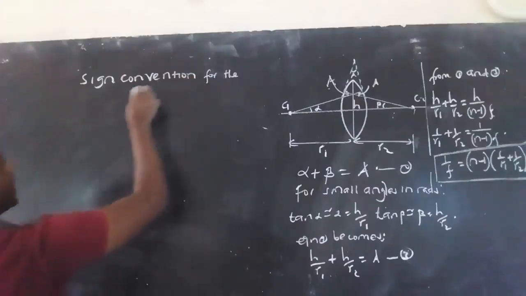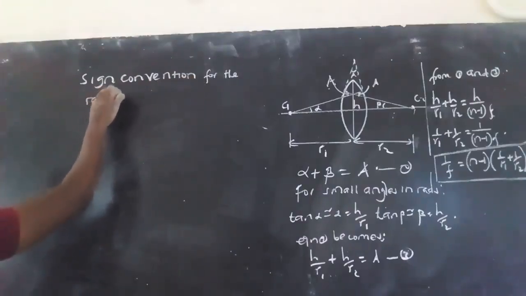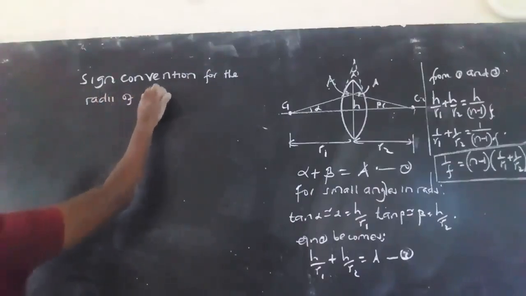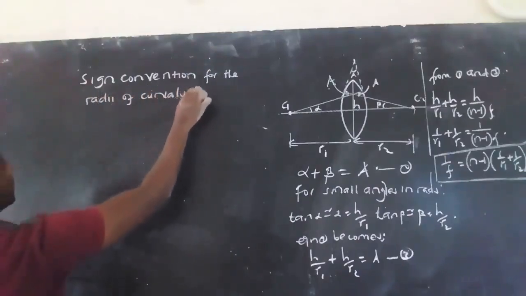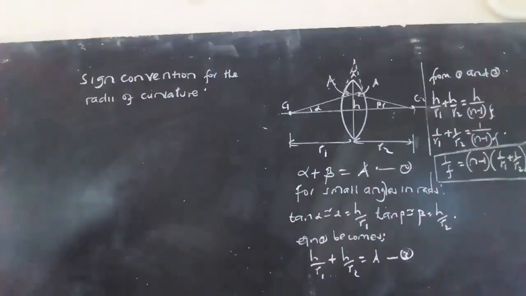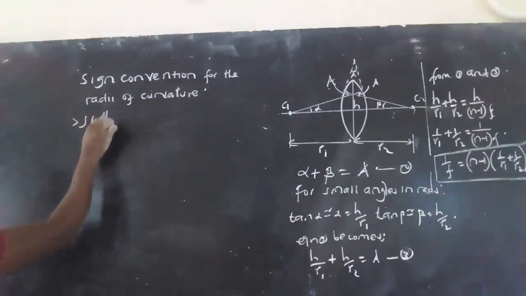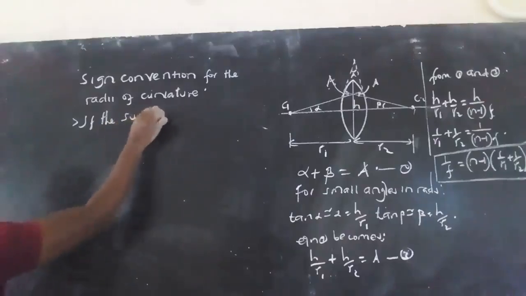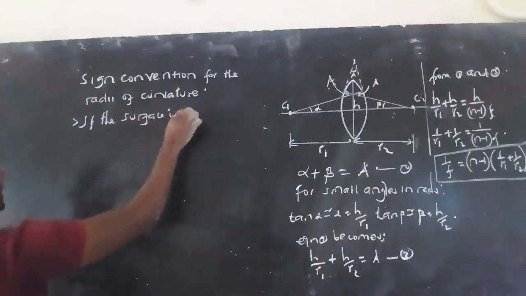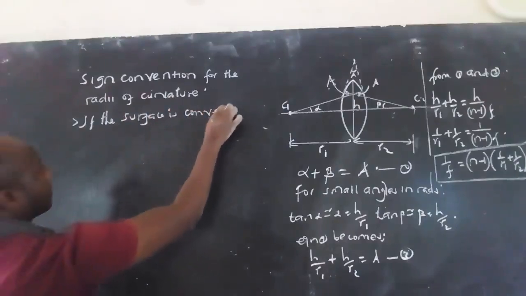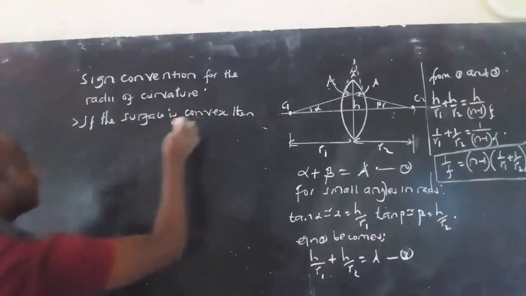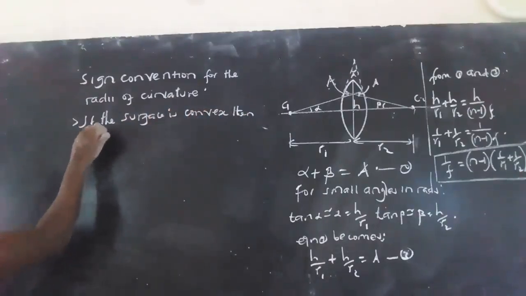Sign convention for the radii of curvature. So, if the surface is convex, then R is positive.